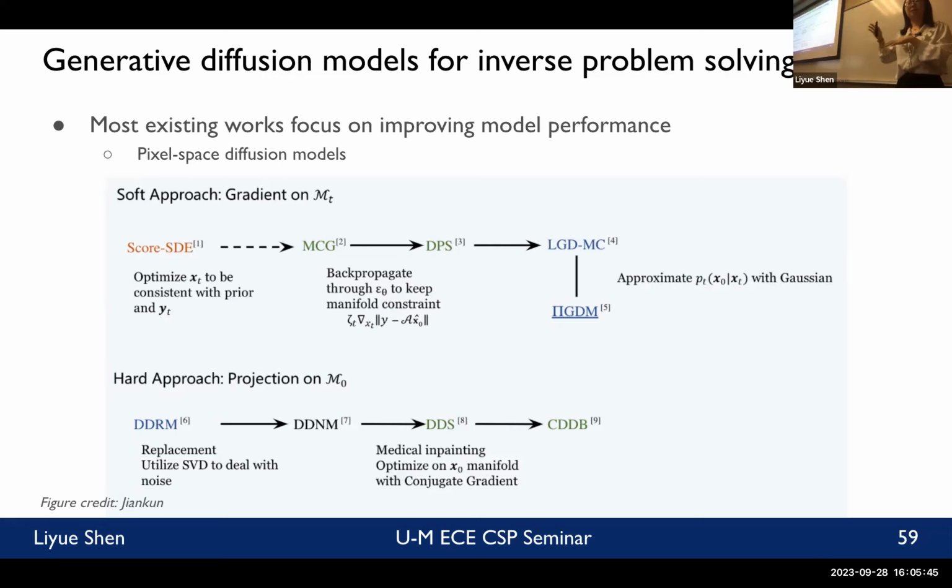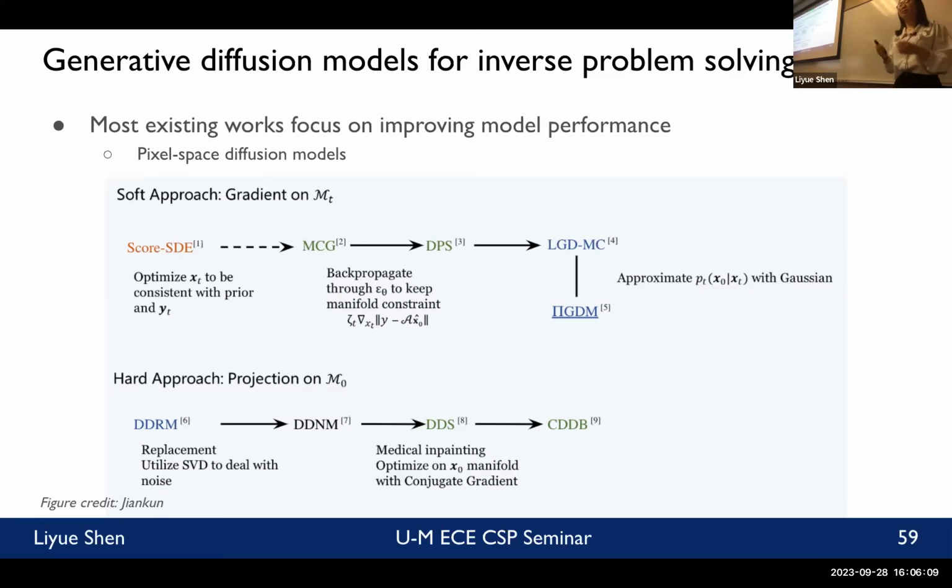In order to solve these inverse problems, there are two main approaches. The first one is what we call the soft data consistency, or soft approach. The main idea is that, in order to add the data consistency from the measurement y, we compute a gradient-based update to update the data in each sampling step, in the manifold of x_t.